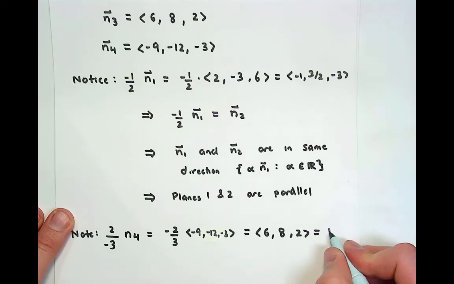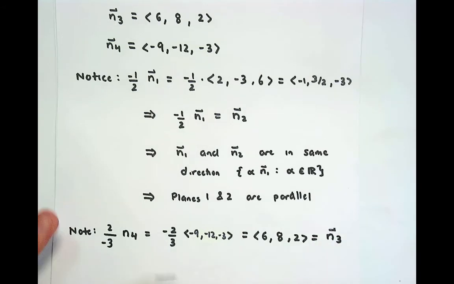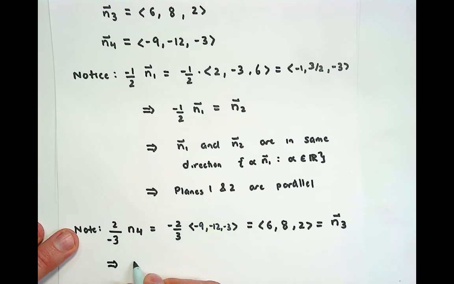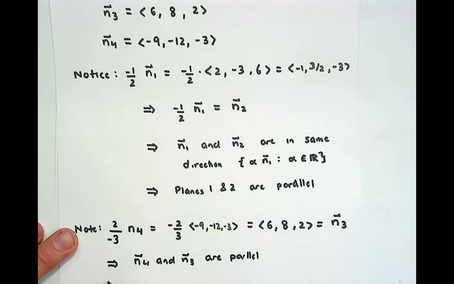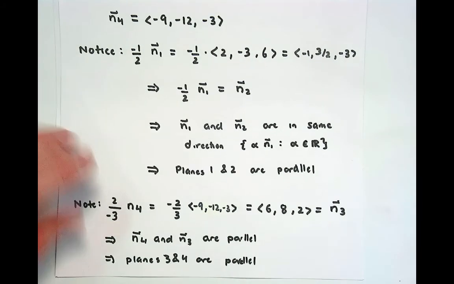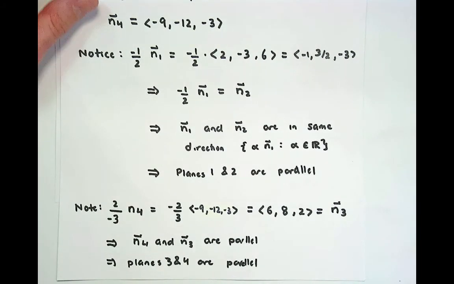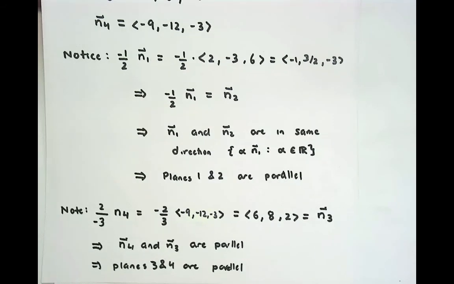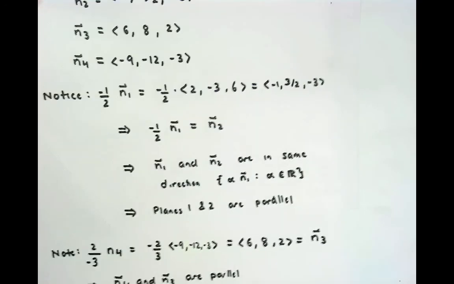And this is exactly n3, which implies n4 and n3 are parallel, which implies plane 3 and 4 are parallel by definition. We've now confirmed that planes 1 and 2 are parallel and planes 3 and 4 are parallel.